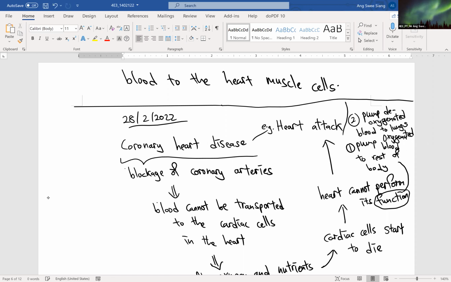So that's why when a person has a heart attack, it's very, very important that he or she is sent to the hospital as soon as possible.